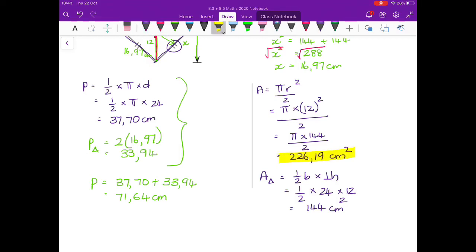Now to get my total area, I'm going to add these two values together. So area will equal 226.19 plus 144. Added together will give me 370.19, and these are centimeters squared.